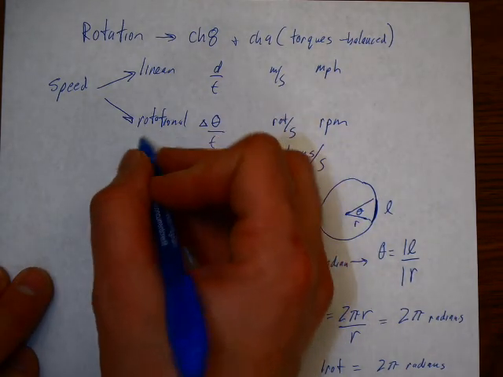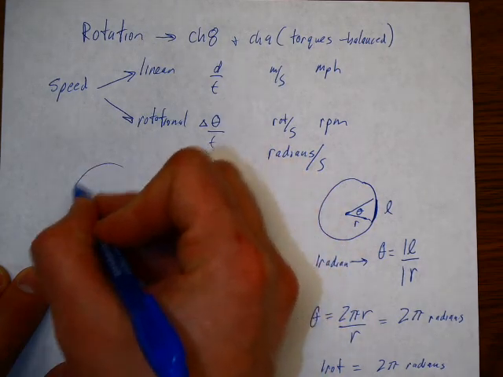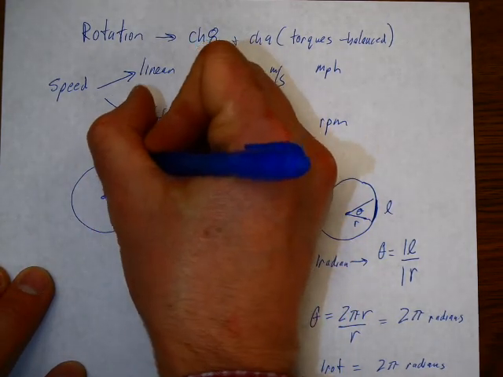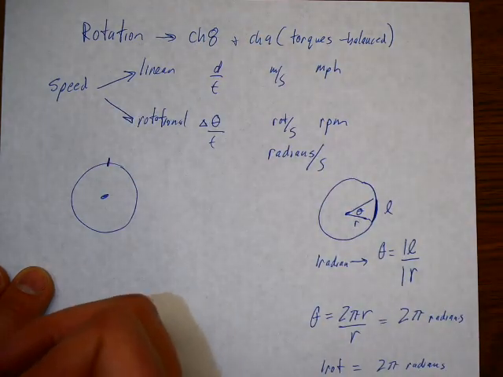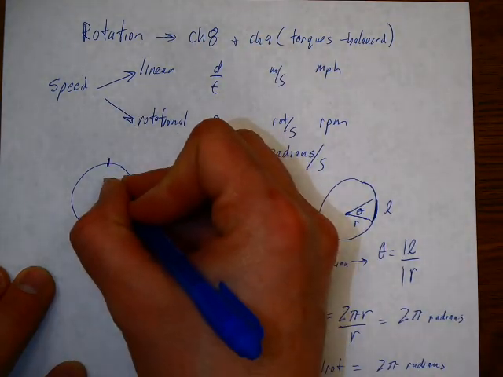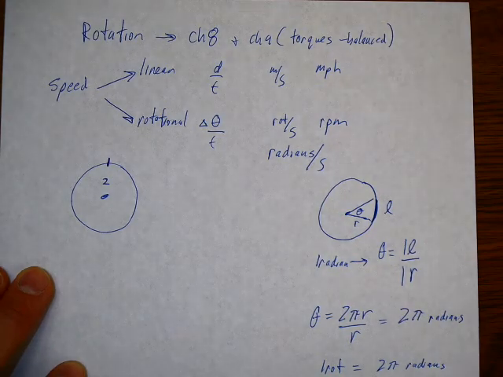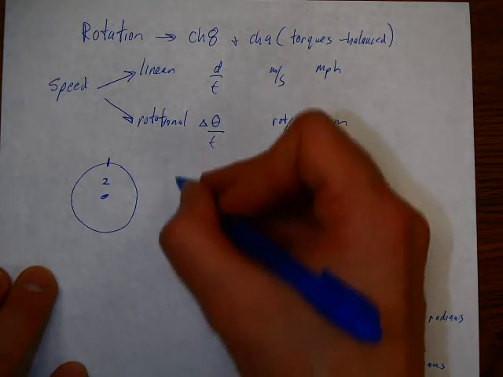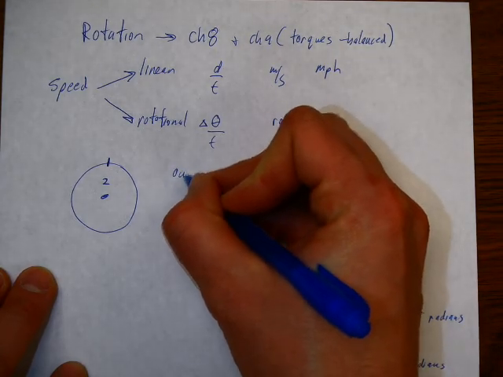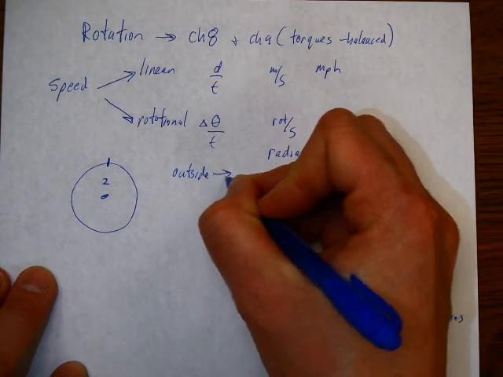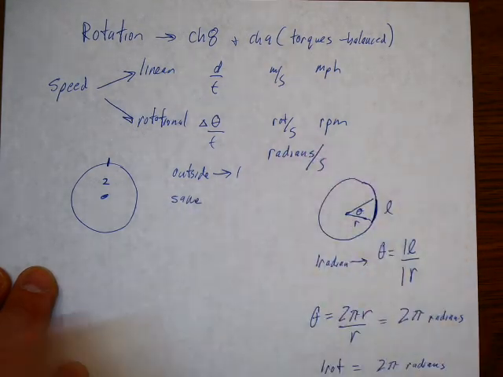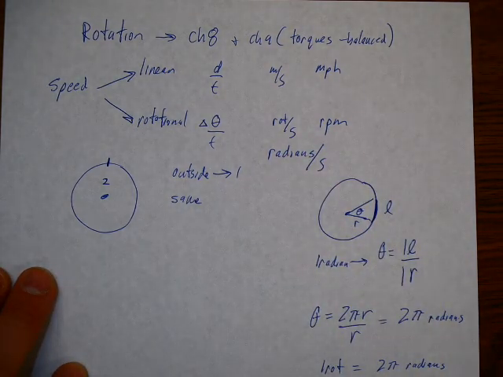So remember, the difference between these two speeds comes into play like with a bike wheel example. If you have something on the outer rim, call it point 1, and then you have something halfway in, call it point 2. If I ask you the question, which one is moving faster, you could say the outside one, which is point 1, or you could say that they're the same, depending on which kind of speed you're talking about.